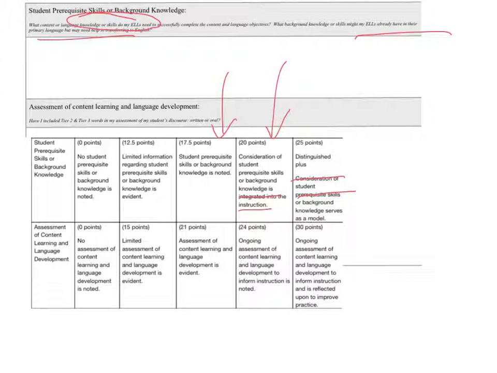Your assessment, this looks to me like, how are you going to understand that your students are learning the new vocabulary? So it says specifically here, tier 2 and 3 words in student discourse, it could be written or oral.